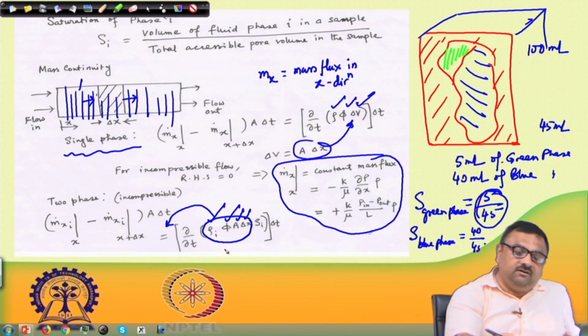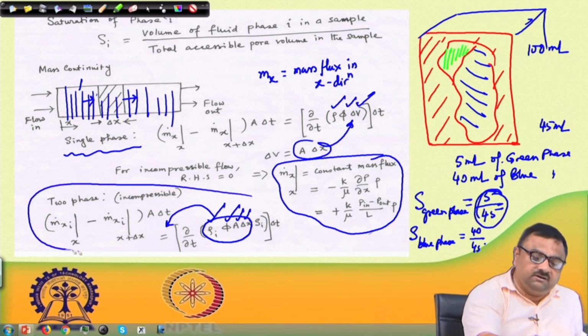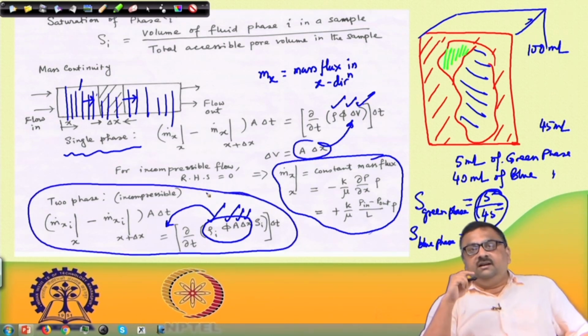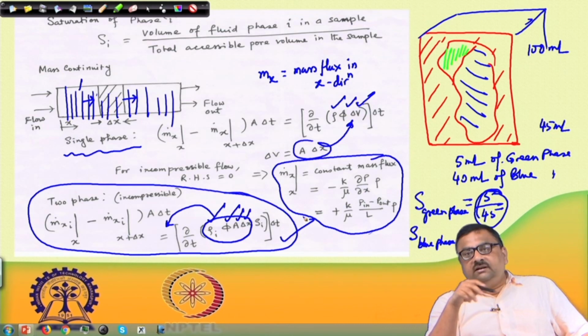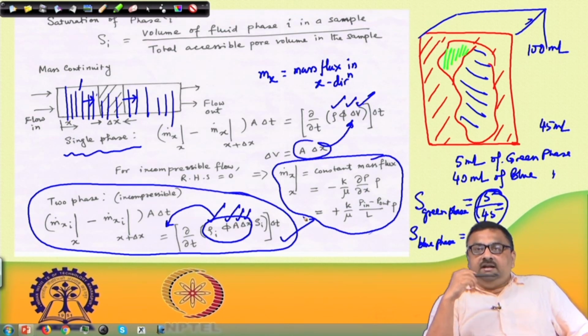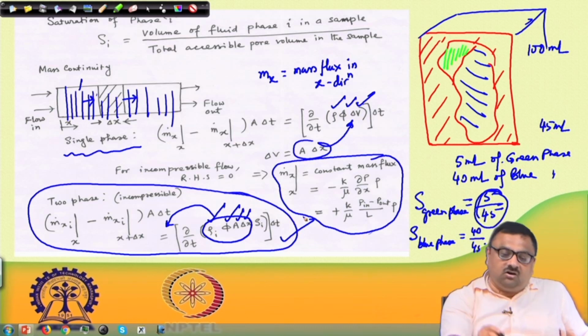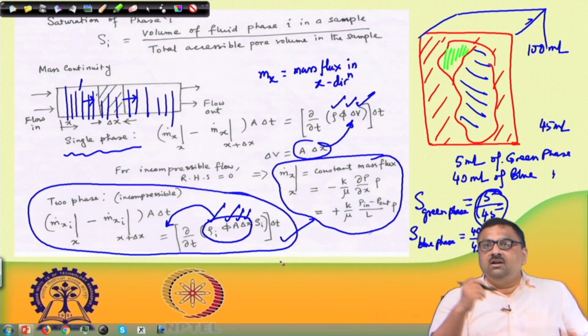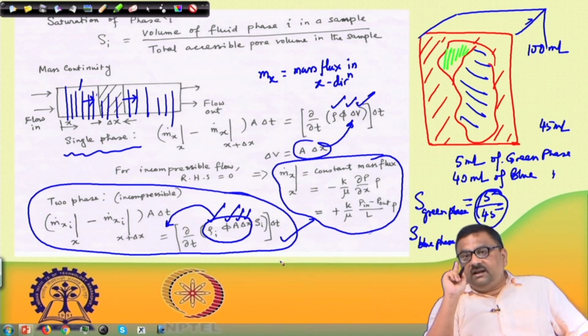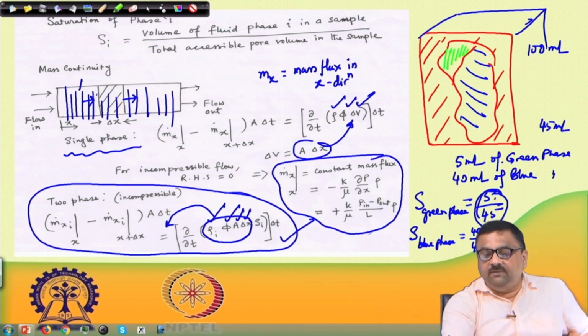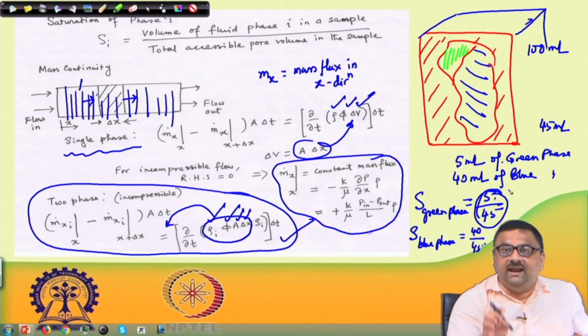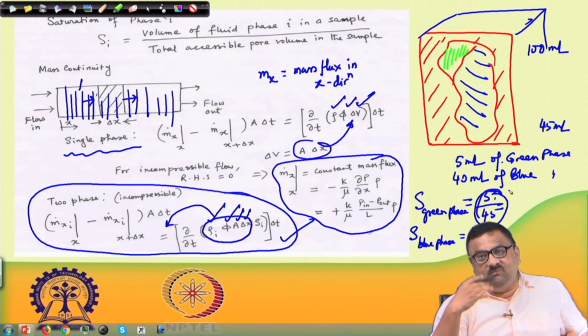Okay. So now, in a steady state process, because of this saturation we will have this accumulation term. Any steady state process, we have to look at this term, and it will not be important only if one can ensure that this particular ratio of 5 by 45 and 40 by 45 is maintained in the entire porous medium, and the fluid that you are injecting is a mixture of two phases exactly in this ratio.